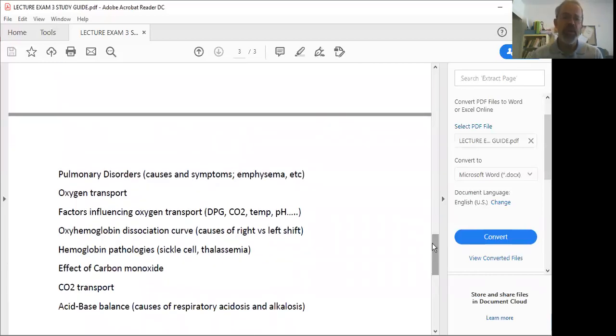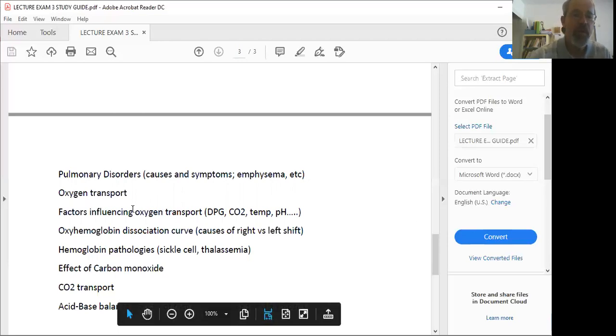We spoke about pulmonary disorders, and again, this is in no particular order here. We spoke about obstructive versus restrictive, and which are the different conditions that are associated with each of those. What happens, what is the cause, and what are some of the symptoms? We then jumped into the last lecture, oxygen transport.